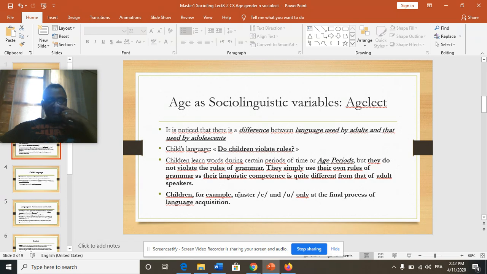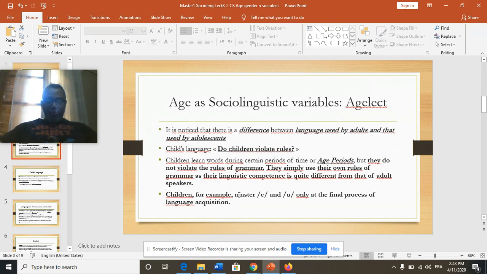Another concept that we have to deal with is age as a sociolinguistic variable, and we call it agelect. Here we are talking about the language of children compared to the language of adults, and so sometimes people say that children violate the rules. That is, they do not respect the rules of the adults. Well, generally we say no. Children do not violate any rules.